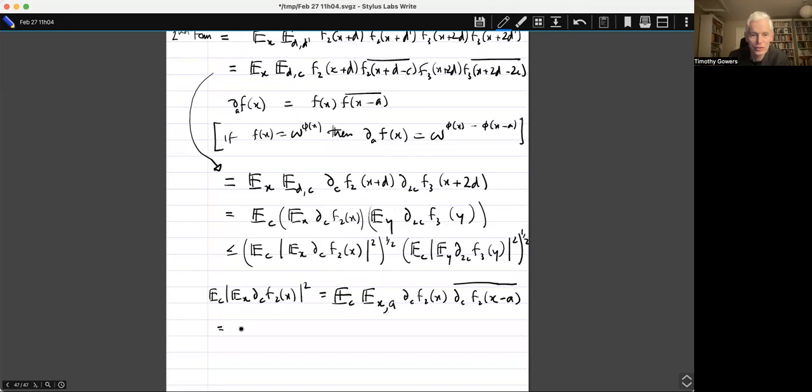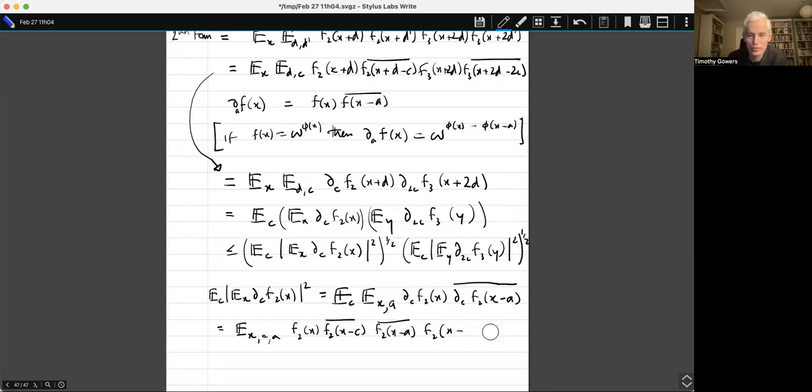So that's just rewriting it completely. So it's the average of x, a, c, and then we have, I'll put c, a, f2 of x, f2 of x minus c bar, and then here we get f2 of x minus a bar, f2 of x minus a minus c.